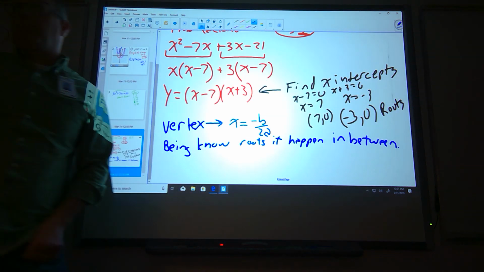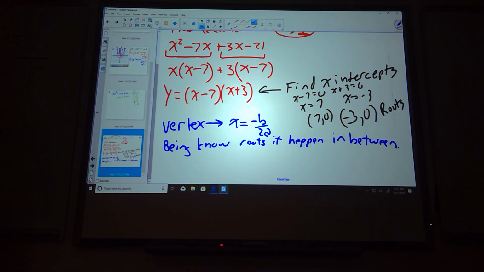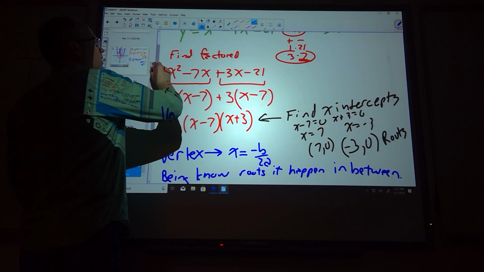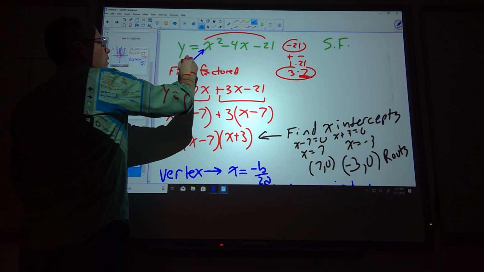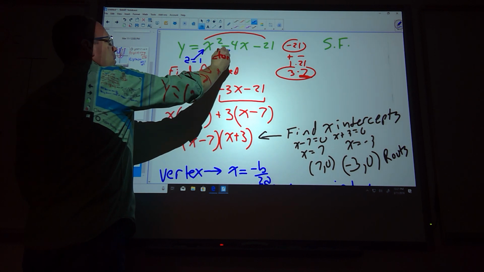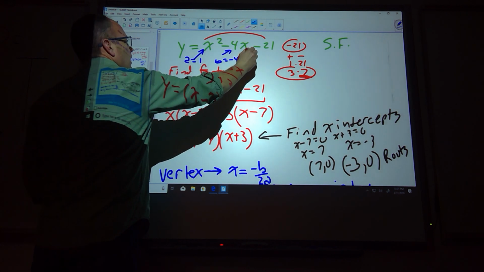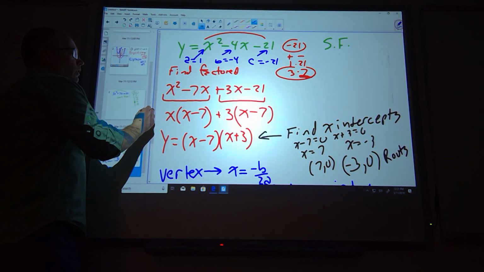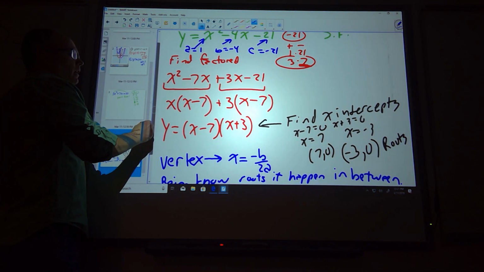So if you don't know what number is between 7 and negative 3, then I'd say let's use negative b over 2a. And so with that known, my original was this. So that's my a value, which is 1. That's my b value, which is equal to negative 4. And my c value is equal to negative 21. Agree?